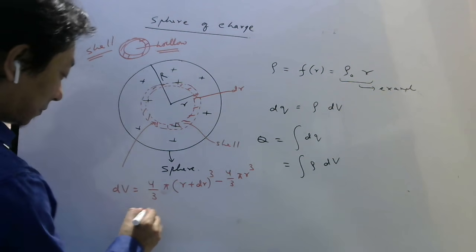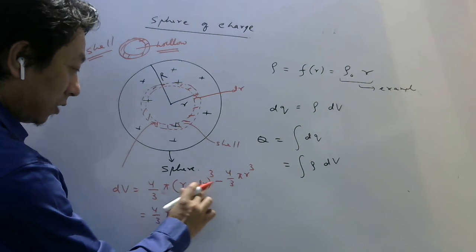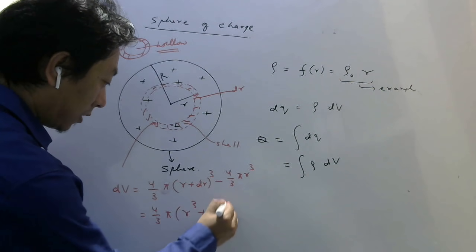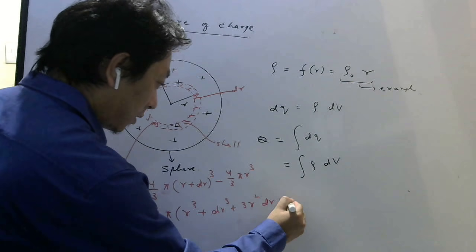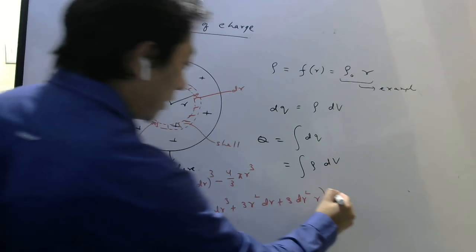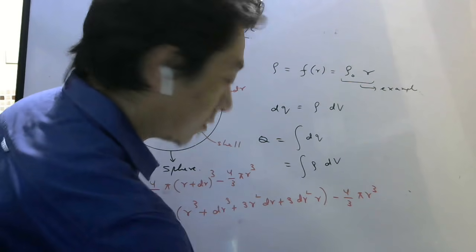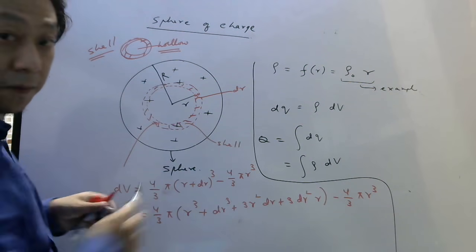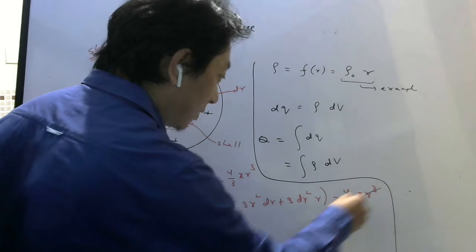Right? Okay. Then here you use the formula for a plus b whole cube. Tell me the formula. a cube plus b cube plus 3a square b plus 3b square a. This is done now. So minus 4 by 3 pi r cube. Okay, so let me separate this part. Now you see carefully. 4 by 3 pi r cube will cancel with this.